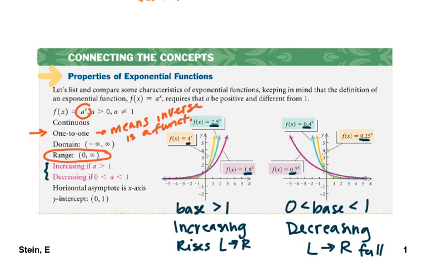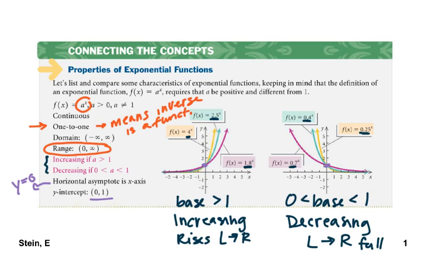So we want to understand some of these characteristics, especially the increasing and decreasing. They always have a horizontal asymptote that is the x-axis, or y = 0, and a y-intercept. You notice they're all crossing at (0, 1). But does that mean that's always going to be the case?